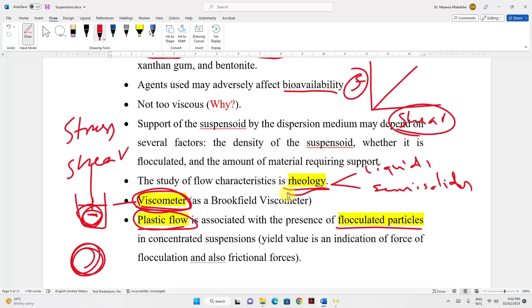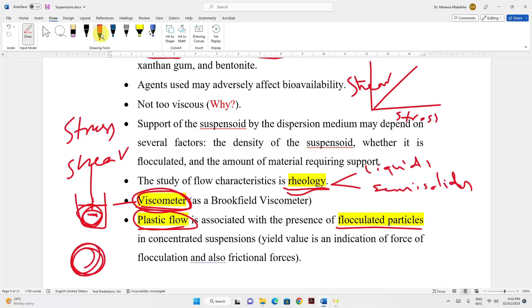The stress, again, is the force applied, and the shear is ايش? The response. Or sometimes they put the stress here, stress يعني الفورس you apply to the suspension, and here you have the shear rate, or what we call the response to the stress. Okay, for a Newtonian liquid, of course, the more stress, the more rotation, or the faster the liquid will move with you. Okay, that's for a Newtonian system.